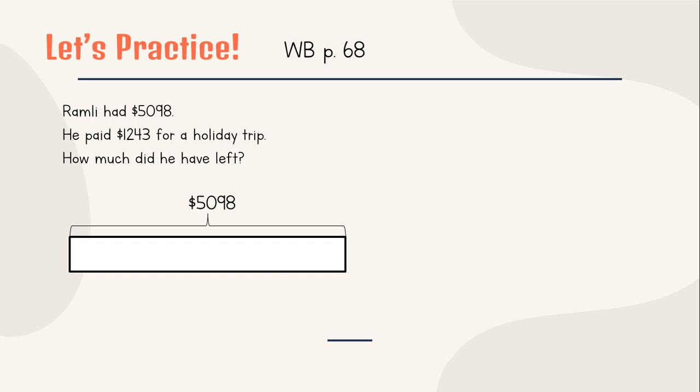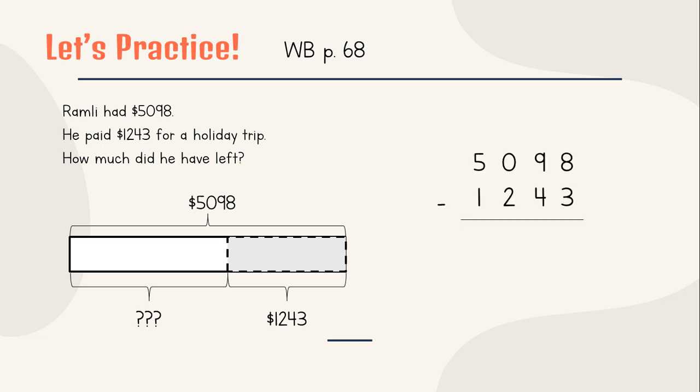He paid. When you pay something, will your money be less or more? Kalau kalian bayar sesuatu, uang kalian itu tambah banyak atau tambah sedikit? Tambah sedikit. That's why we have to cut the box. How many? $1,243. And then the rest, or how much did he have left? That's the question.